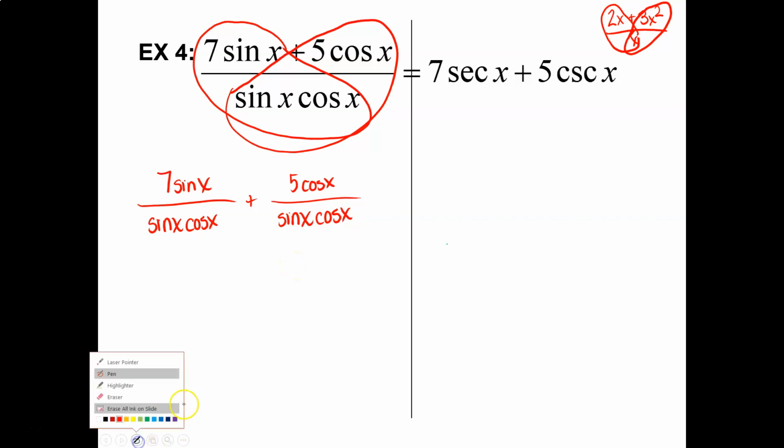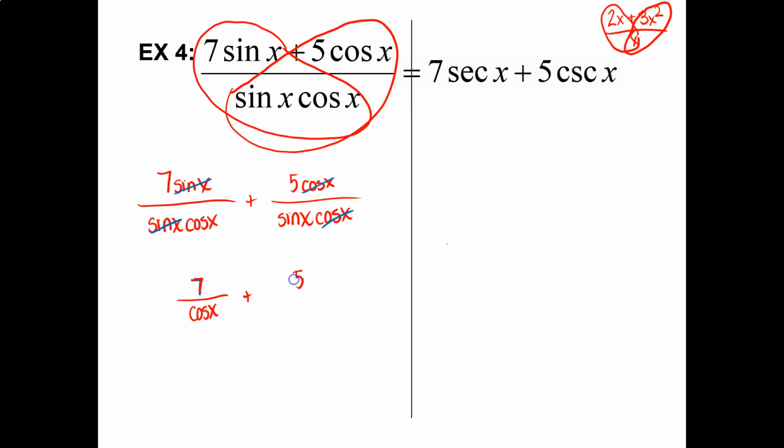And what can happen here? Once we've got these split up, I've got a sine in top and bottom here, and a cosine in top and bottom here. And that is going to give me 7 over cosine x plus 5 over sine x.